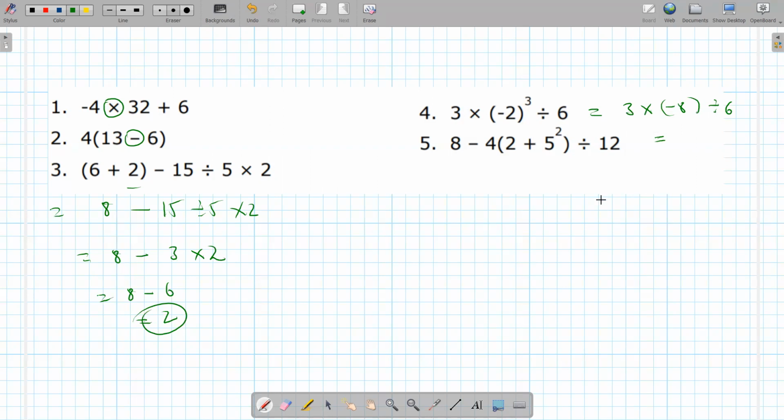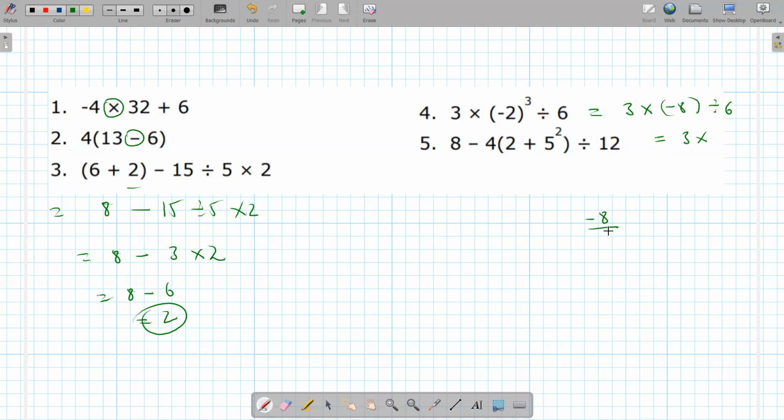-8 divided by 6. What would that be? -0.333. So you can just leave that as a fraction, okay? If it's a decimal, just leave that as a fraction.